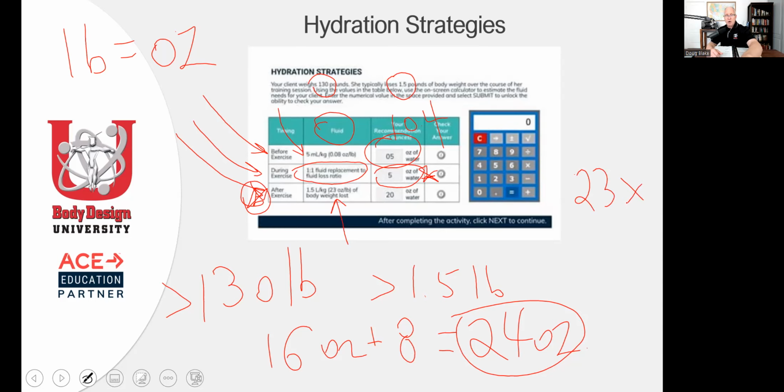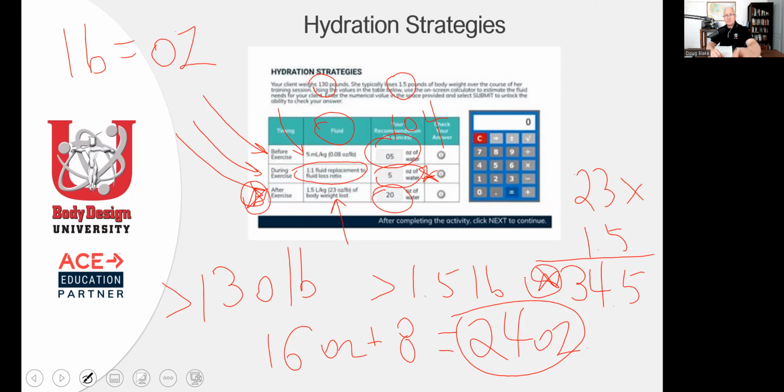Body weight lost in pounds, 1.5. So I'm just going to do 23 times 1.5, which is equal to 34.5 ounces.